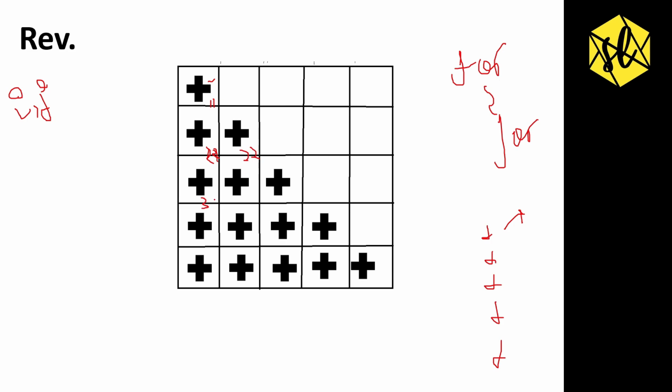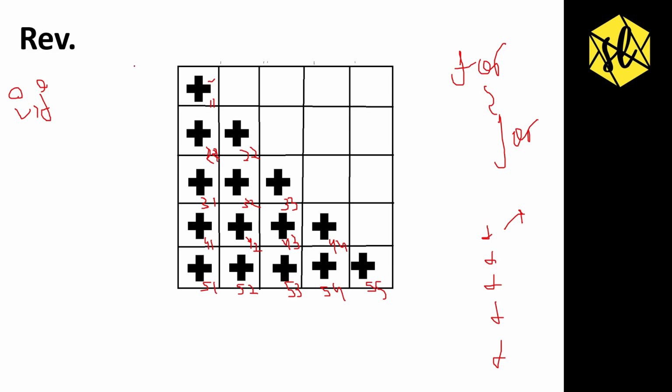Similarly here 2 3, 3 1, here 4 1, here 5 1, here 5 2, 5 3, 5 4, 5 5. Similarly here also 3 2, 3 3, 3 4, 4 3, and 4 4. So basically this is the indexing of a shape. We are just indexing every symbol present in that shape.